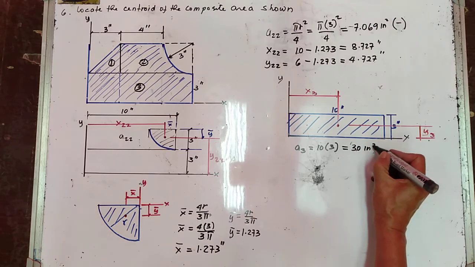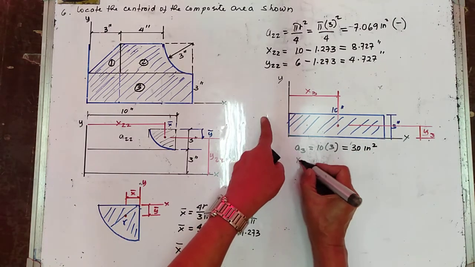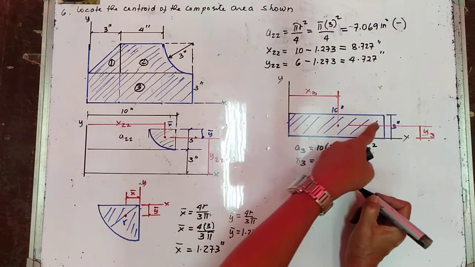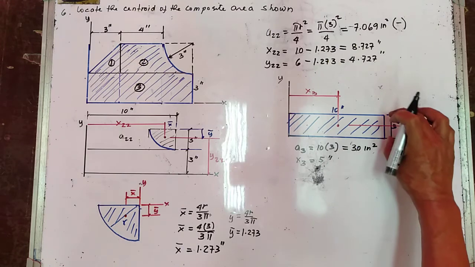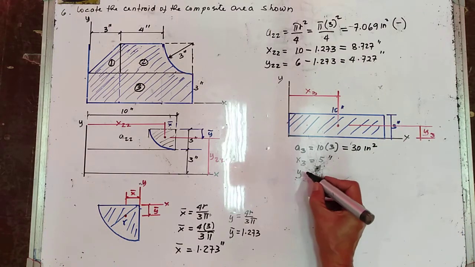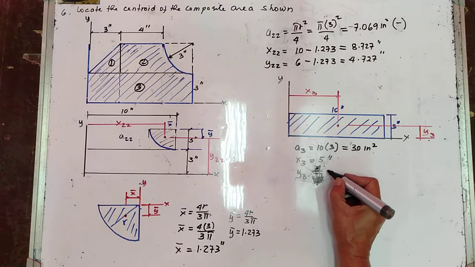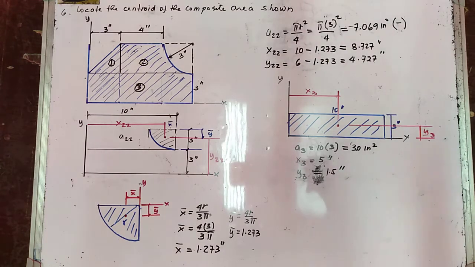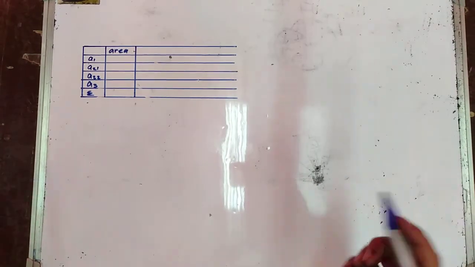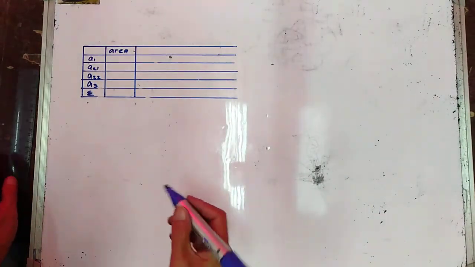Your x of 3 is one half of 10, that is 5 inches. And your y sub 3 is one half of 3 inches, or 1.5. Let's now tabulate the result.